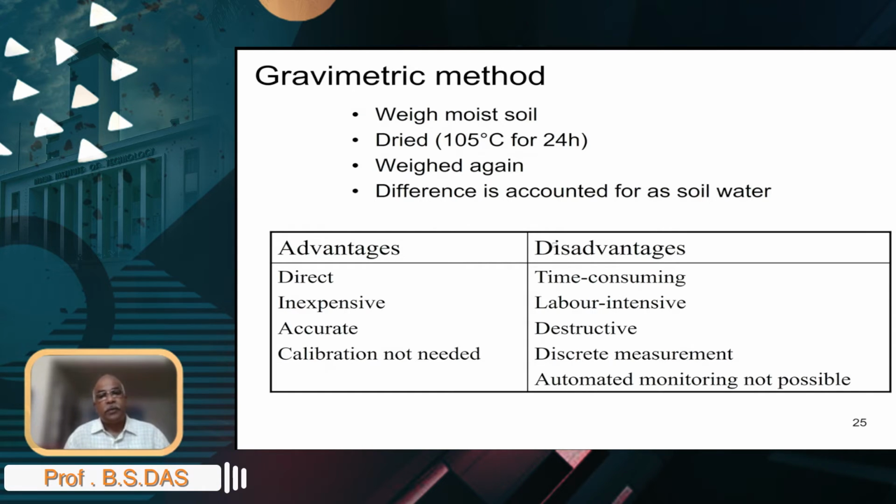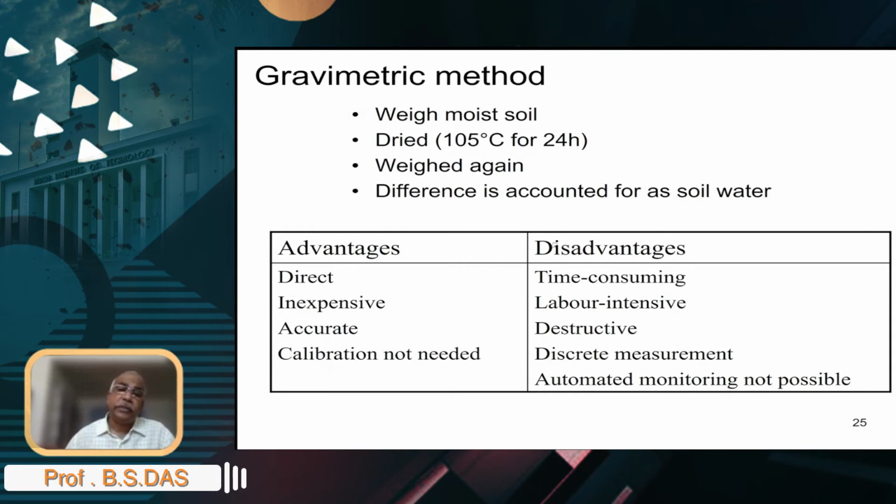Very labor intensive. It is a discrete measurement, so coverage of the total area is almost impossible. You can only take so many samples, and there will be distance between two sampling locations.